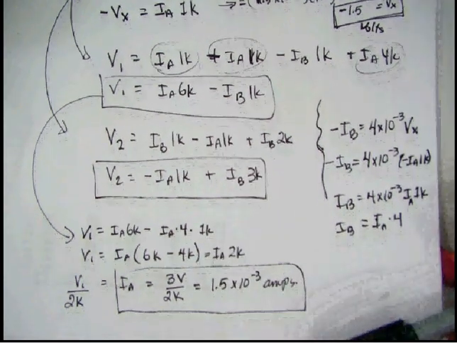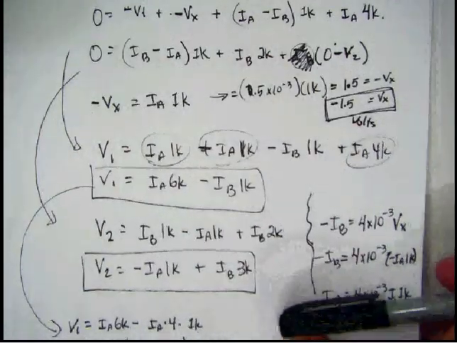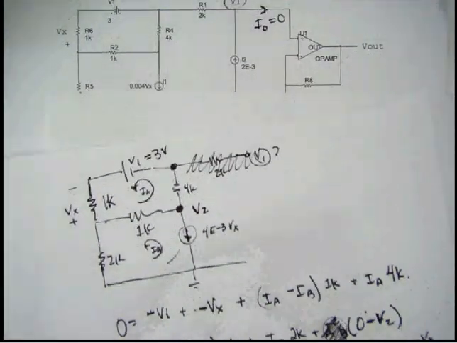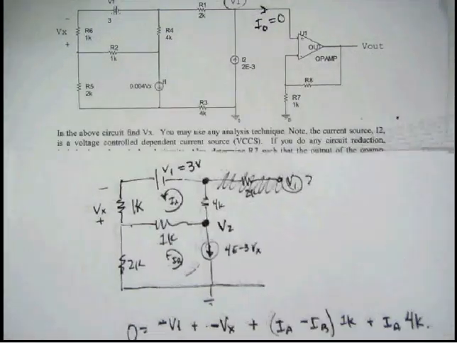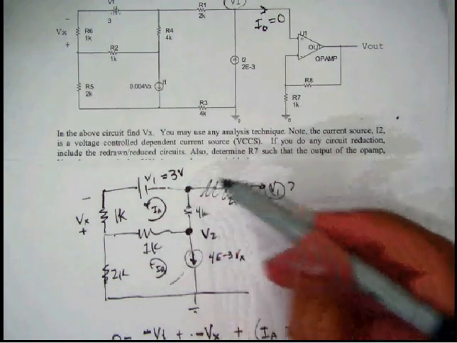So if that's the case, then what we can say is, so we've got 1.5 milliamps flowing through there.